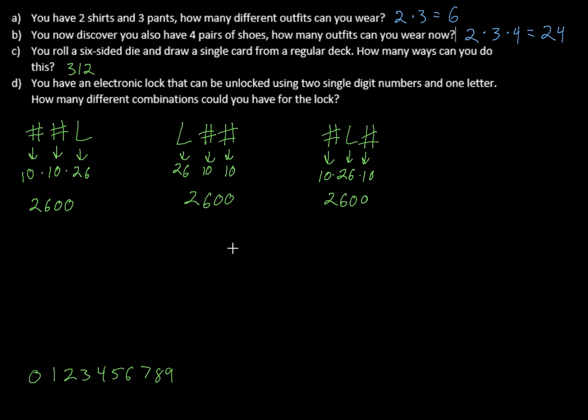So now we've got 3 more sets that we could have. And since all of these sets have the same number in them, we could do 3 sets of this 2,600.